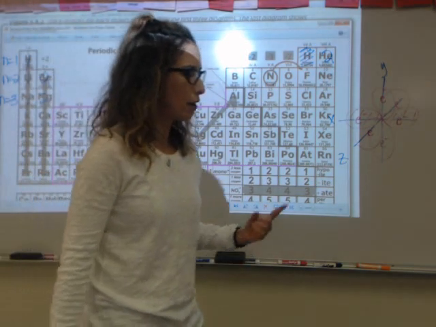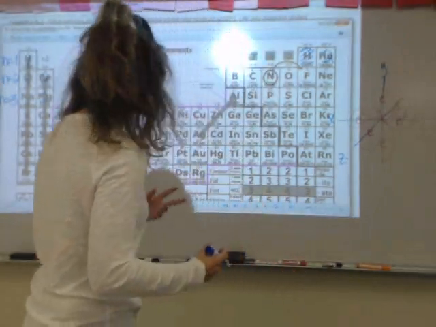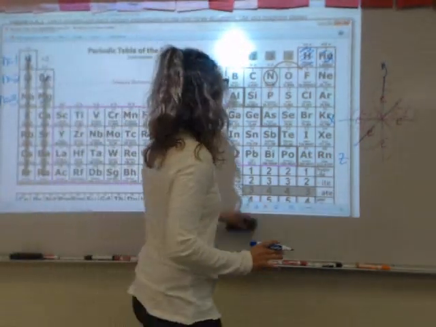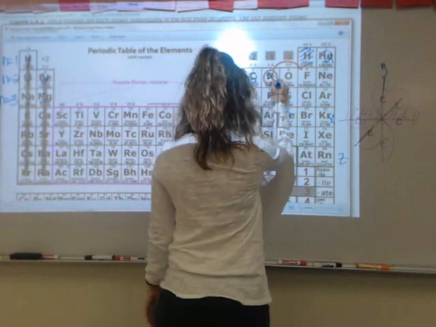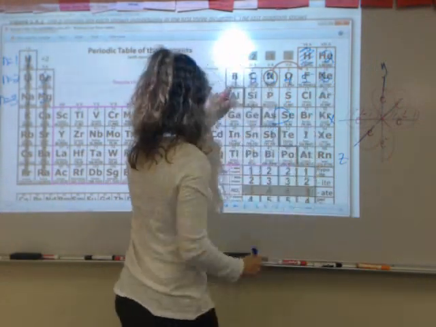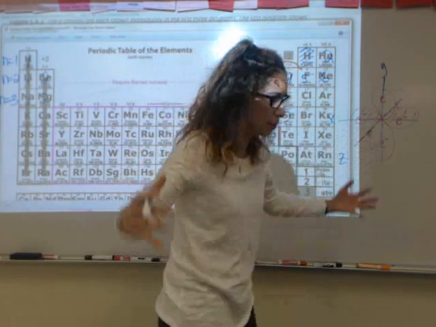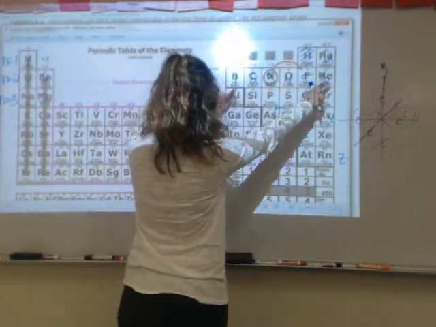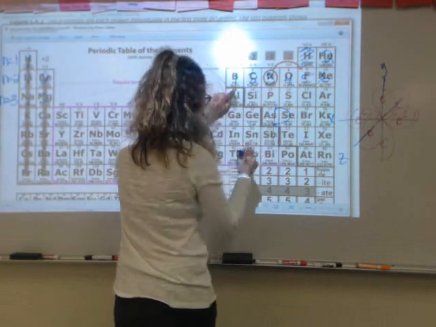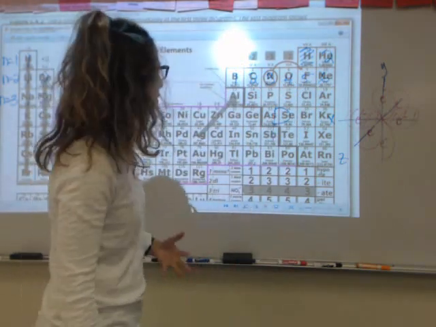So that means I have a single orbital that holds 2 electrons max. If I'm looking at the p's, they can hold 6 electrons max, but I can't have 6 electrons in one orbital. I can only have 2 maximum. So since I have 6 electrons, the p's will have 3 orbitals total.